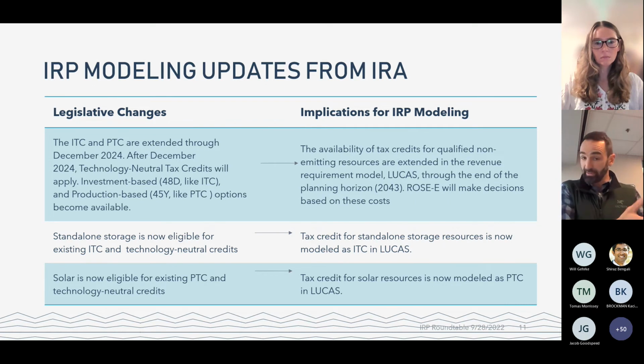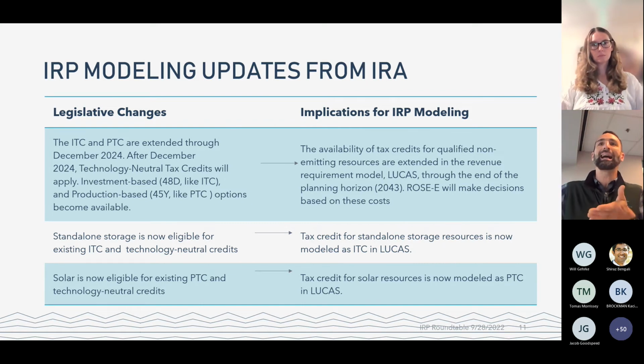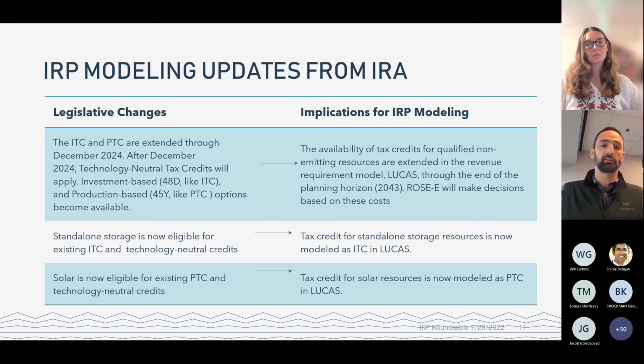Now, because the PTCs and ITC have been extended so many times, we think, okay, by the end of 2036, it's reasonable to think that the credits, if they would be expiring, could be extended again. It's a high and surprising number of extensions since their inception in the 70s or 80s. It's expired a number of times.